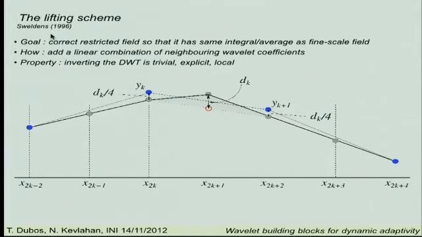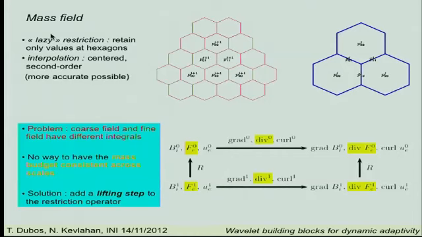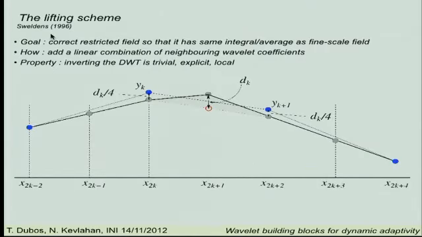So what I've done here on hexagons, I can do it in 1D. So my coarse points will be these ones, so the even indices here. And for the moment, I've just taken that value from the fine grid and pretended it's the same value on the coarse grid.